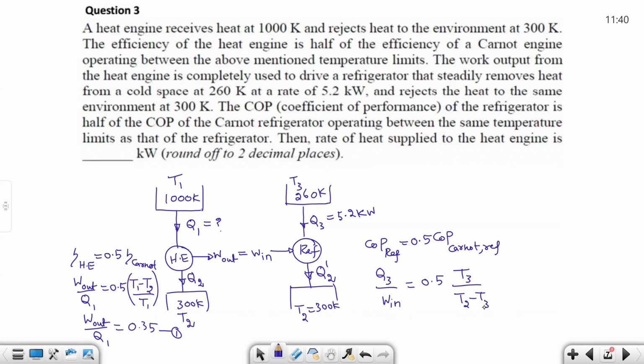So now we know Q3, which is 5.2 kilowatt, work input is equal to 0.5 times T3 is 260 by 300 minus 260.